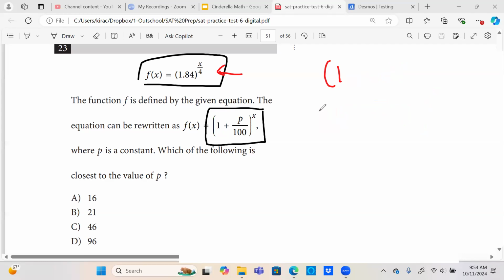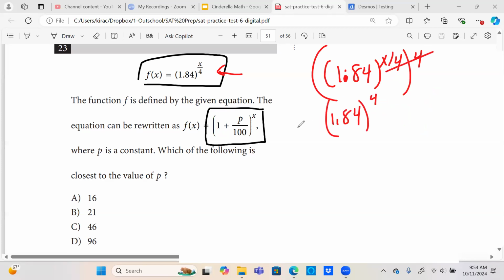So if we take this original to the fourth power, so originally, this number would have been 84, right? 84 over 100 would be 84 hundredths.